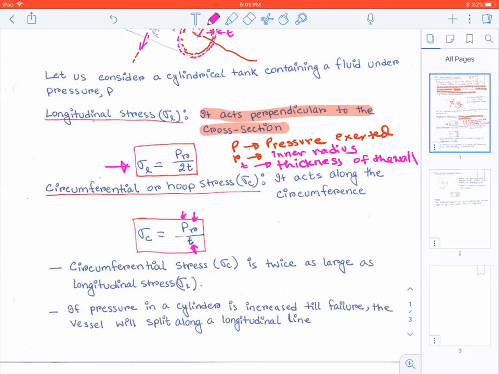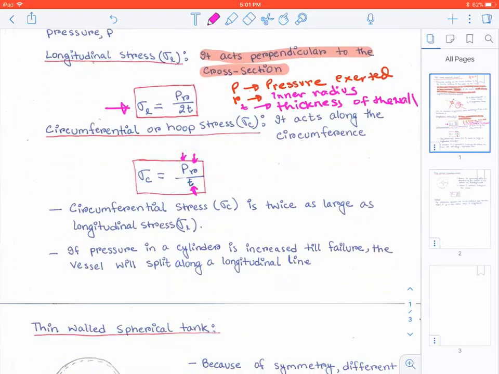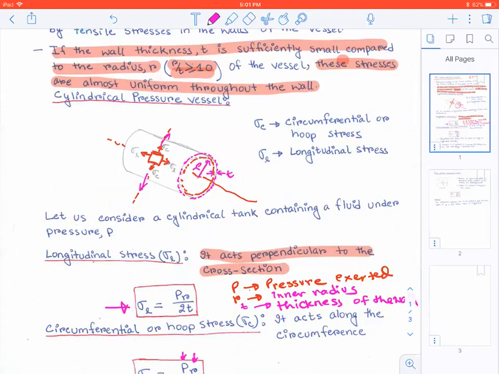So a lot of the time, if pressure in a cylinder is increased till failure, the vessel will split along the longitudinal direction. Why along the longitudinal direction? Because the circumferential stress is higher than the longitudinal stress. So it splits across this.